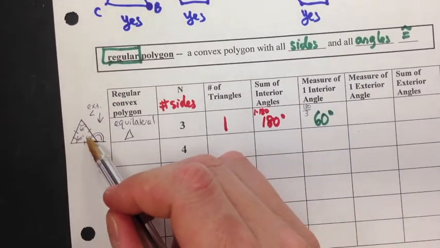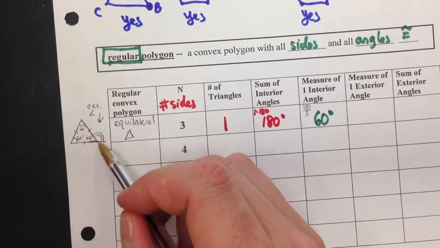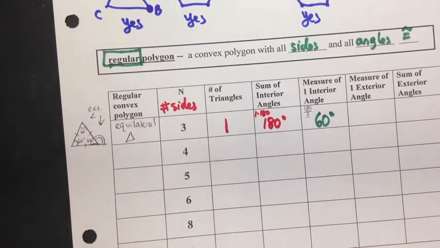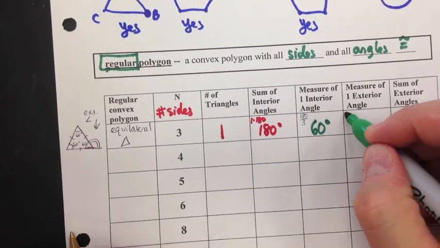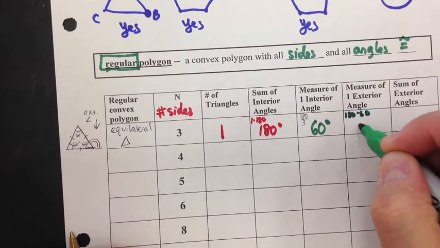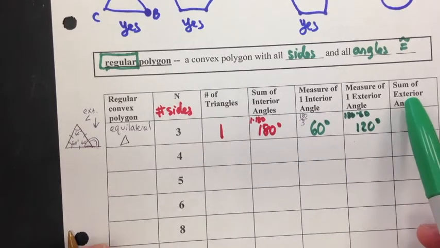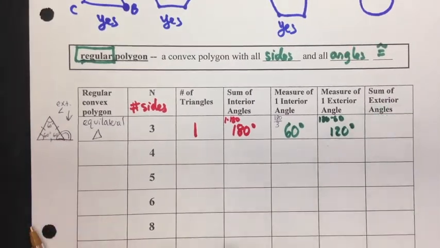If this is 60, then this would be 180 minus 60 because that's a straight line. So those two angles are supplementary. So I would do 180 minus 60, and what I get is 120 degrees. And then the last one is the sum of the exterior angles.